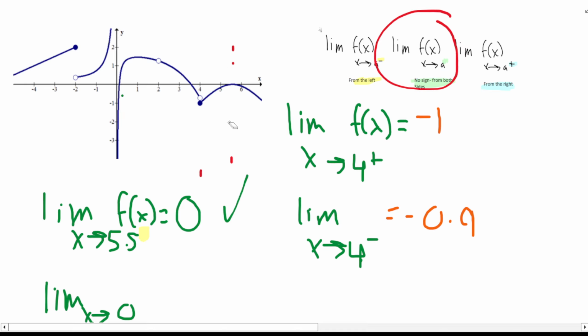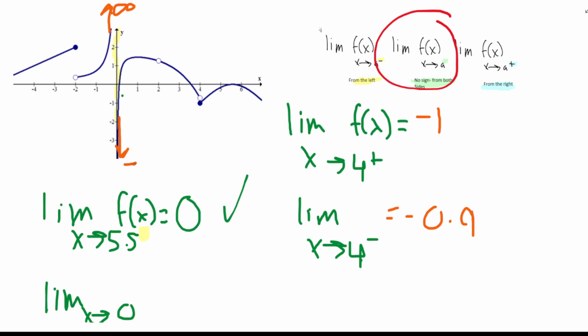But you will notice that when I give you this problem, the limit as x approaches 0, which is essentially where the y-axis is, you need to find out where the line goes from both sides. The limit on the left-hand side, what is the y value that it is approaching? Since it keeps shooting up very high, we can assume that it goes to positive infinity. The same can be said for the right side.